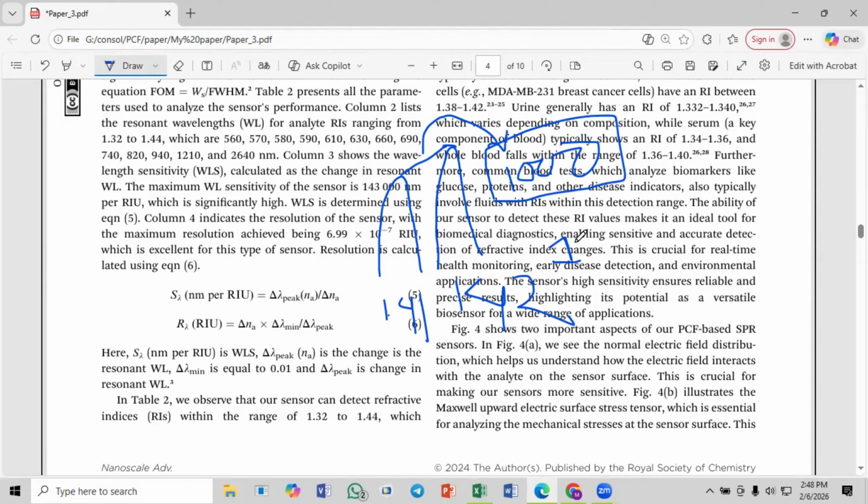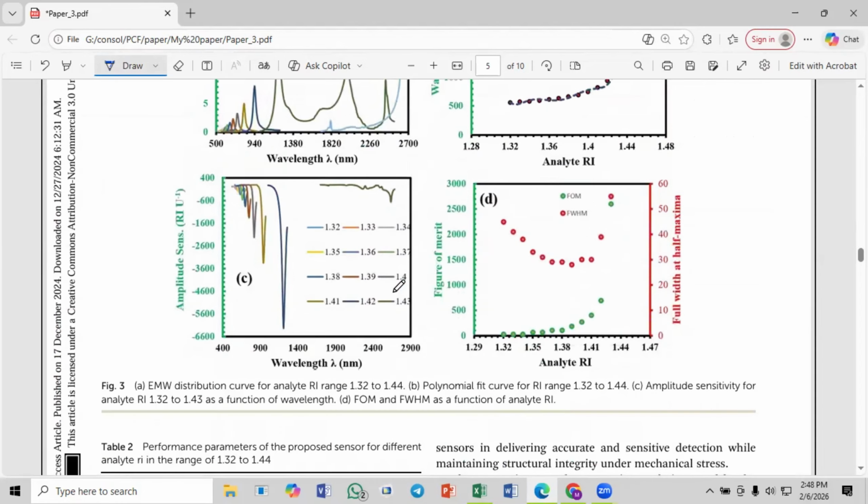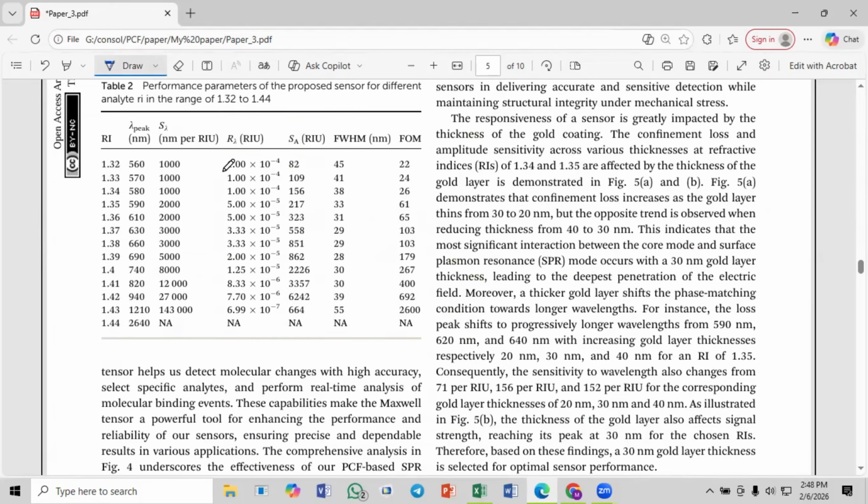But we want to know the minimum change of refractive index that a sensor can sense. I can show you here that the resolution is 1 into 10 power minus 4.